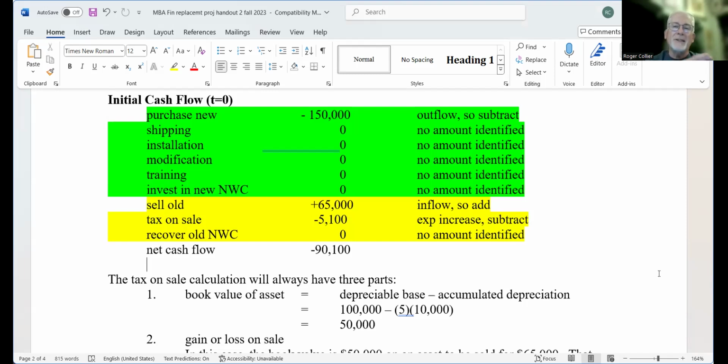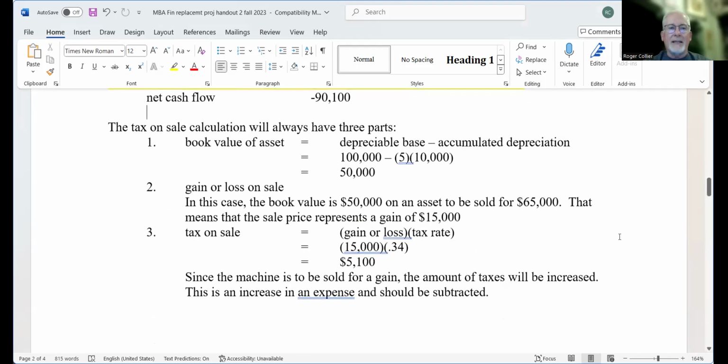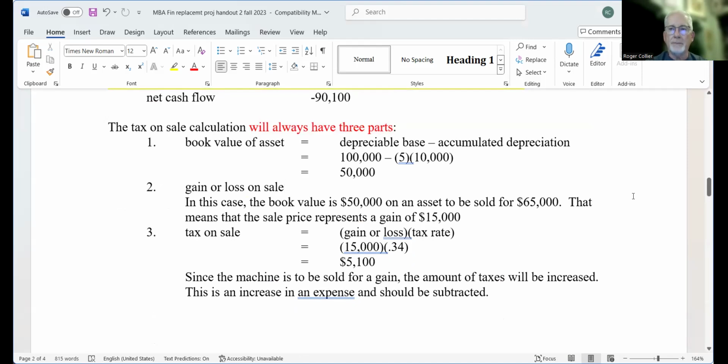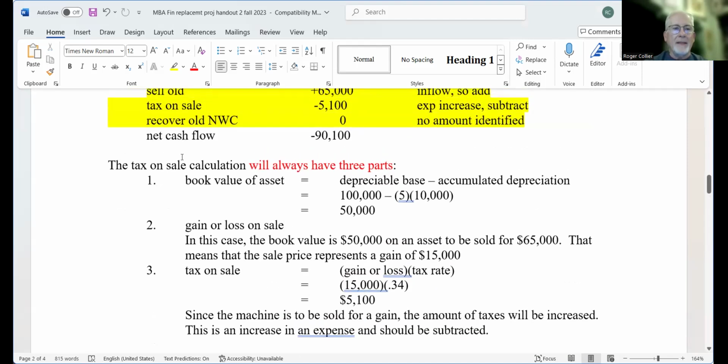Now, what is the tax effect of that 65,000? Well, I've said it over and over again. I'll say it one more time. Tax on sale will always have three parts. Always, always. Right? And this tax on sale is tax on sale of the old asset.